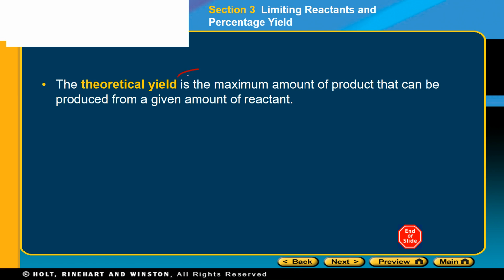So theoretical yield is going to be a mathematical answer that we get using a stoichiometric equation. All right. So theoretical yield is how much can I produce mathematically.